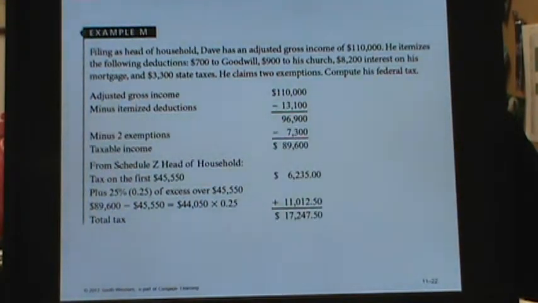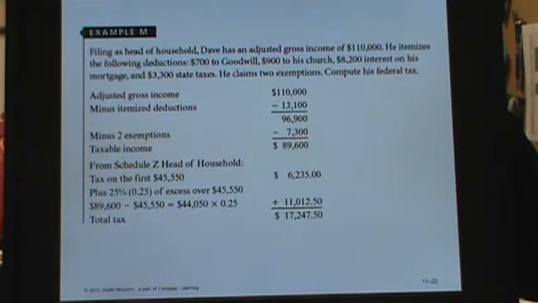So then we have to figure out how much he's going to pay in taxes. From the schedules, he had a household. The tax on the first $45,550 is a standard $6,235 plus 25% of anything over $45,500. So he had $89,600 taxable income.